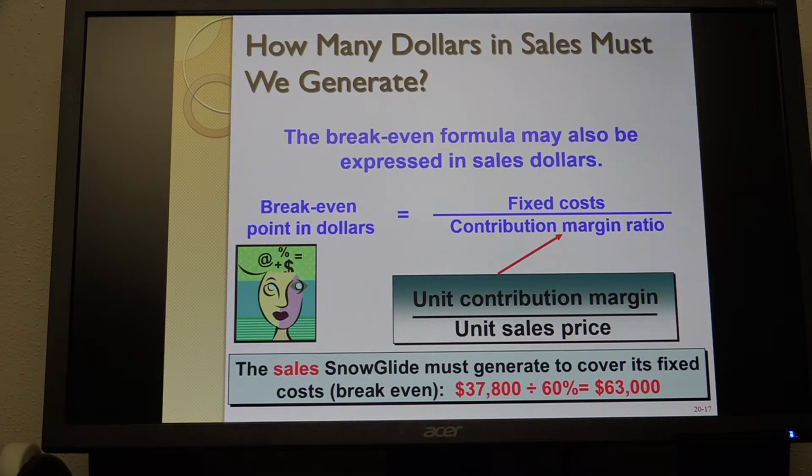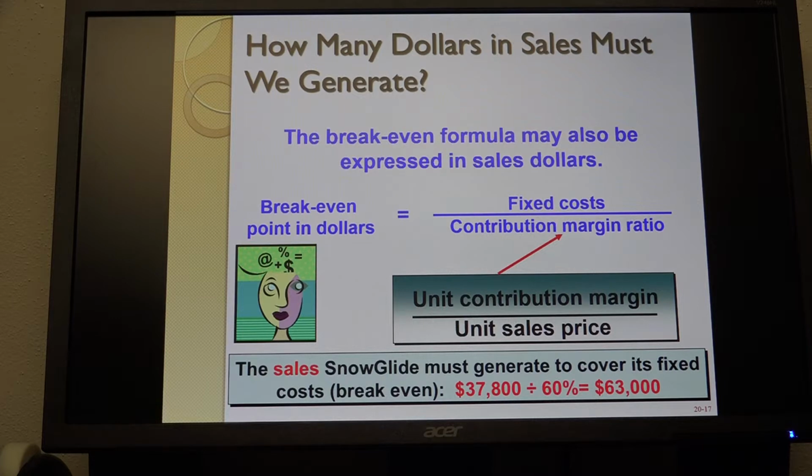And so 37,800 divided by 60% equals $63,000. The other way to do this is, well, here it was what, I take it back.